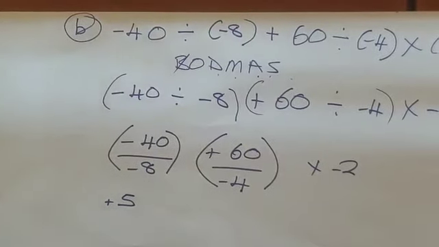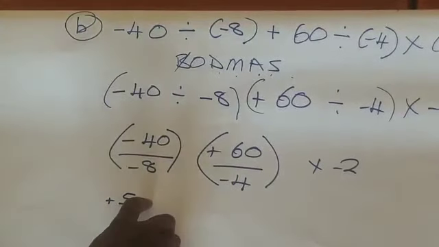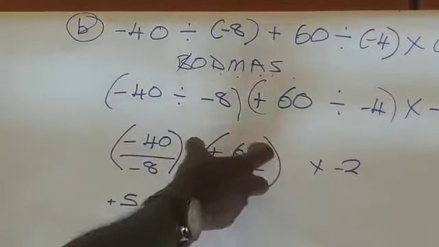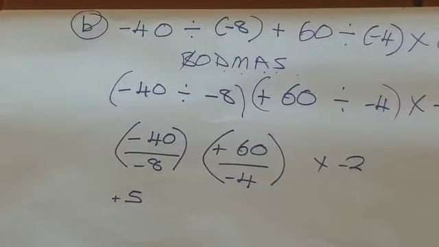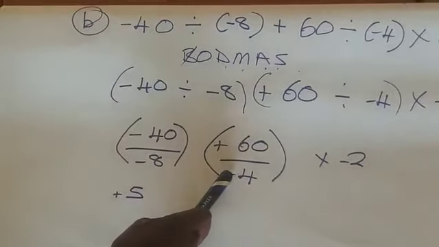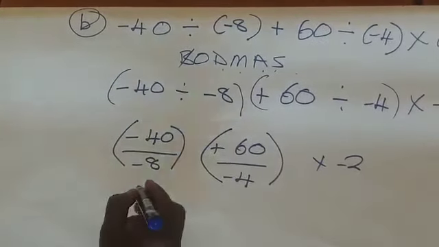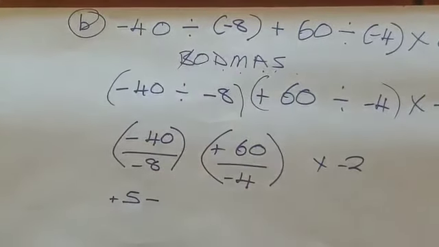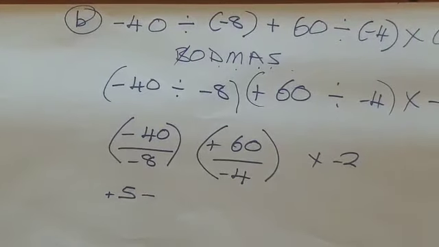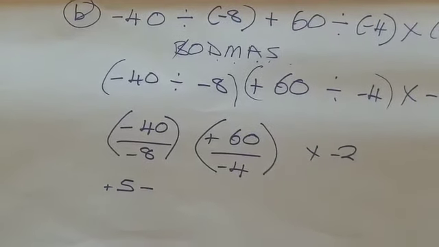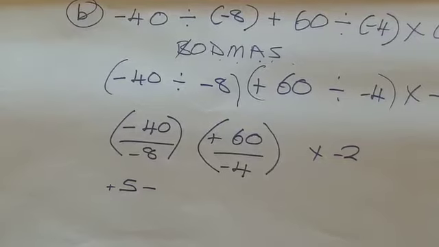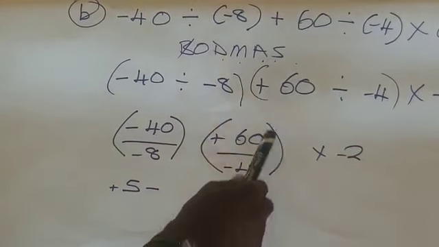Then the second part, the sign is determined by the signs of the numbers: 4 is carrying a negative and 60 is carrying a positive. So automatically the answer is going to carry a negative sign because of the rules of multiplication and division.